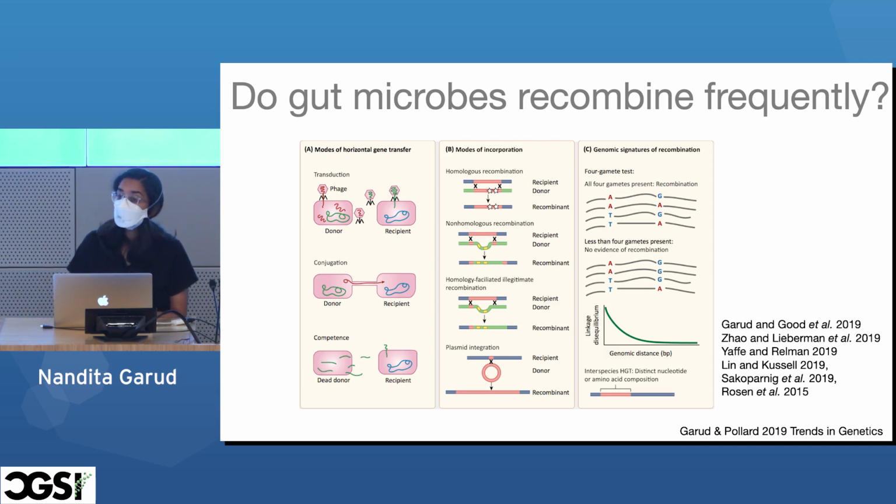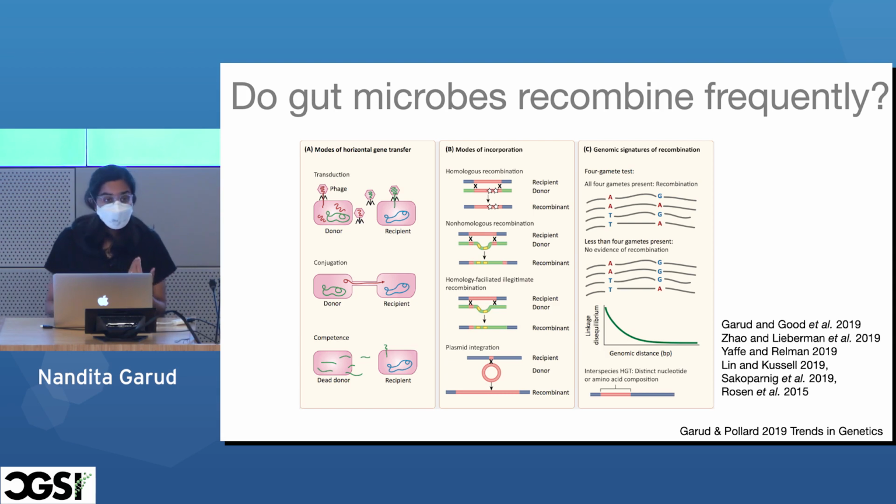Put another way, you can measure linkage disequilibrium, which is basically looking at correlations between sites, and you can measure it as a function of genomic distance. And if you see a sort of a decay like this, then you know that you have evidence for recombination.